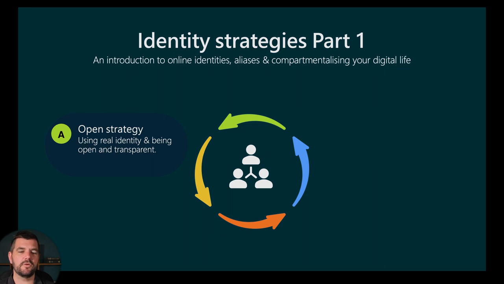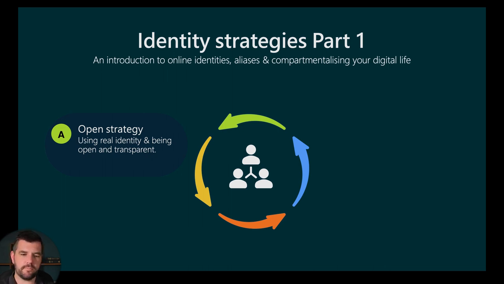In that situation, you're kind of free to be your own identity and have your own public Facebook account with your public name, and that situation might work for you. And so the open strategy, using your real identity and being open and transparent on social media, with your emails, as far as regarding the government and the information that you give to them as well.